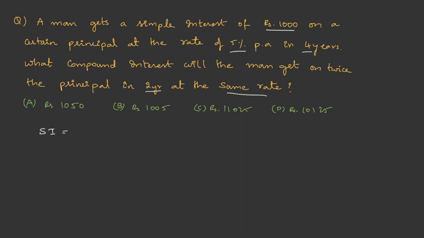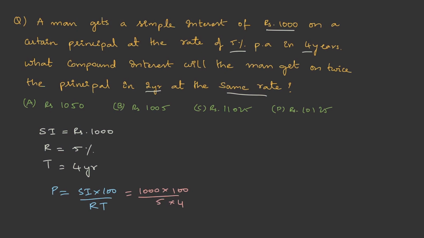Simple interest is given as rupees 1000, then rate is 5%, time is 4 years, and we know the formula. Principal is simple interest into 100 by rate into time. This is 1000 into 100 by 5 into 4. This is rupees 5,000. So from this data we could find the principal.